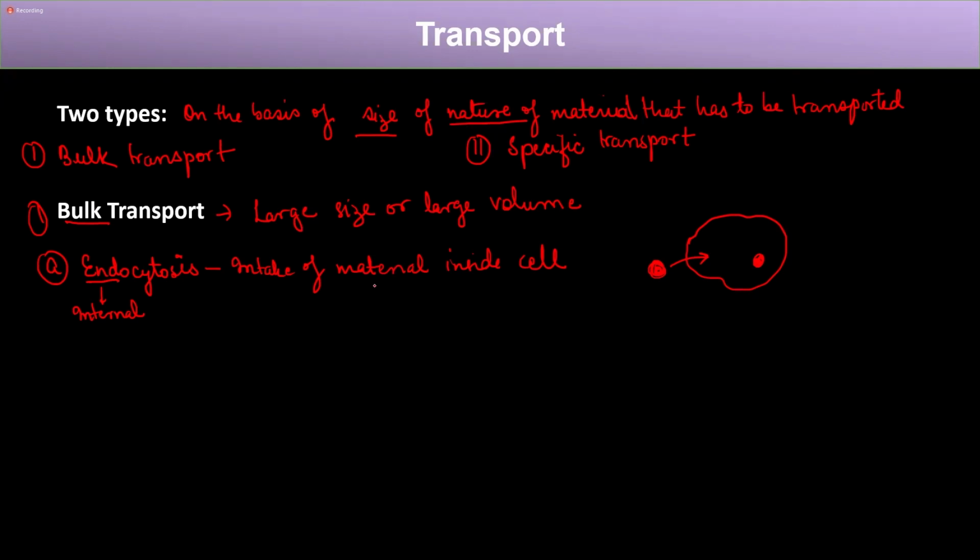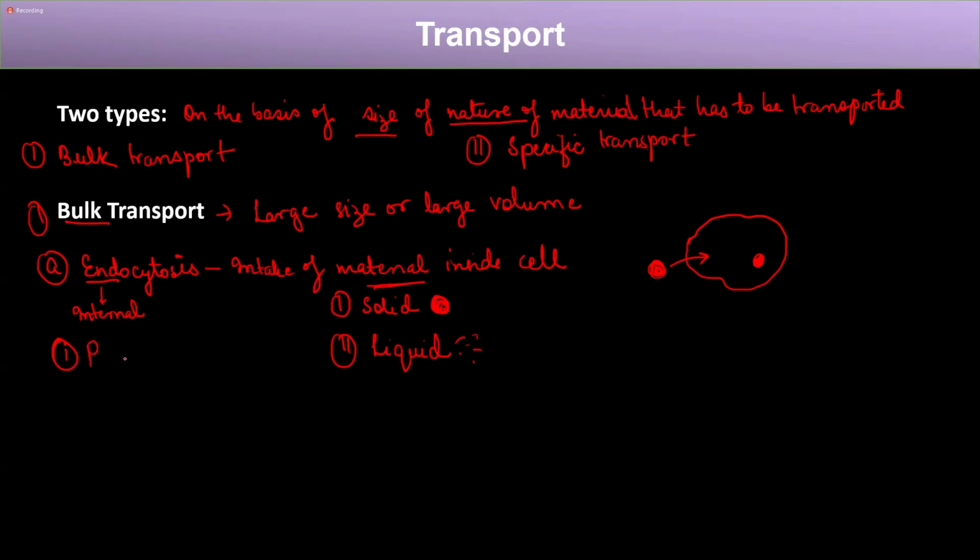Now, this material can be anything. It can be either solid or liquid, in large volume. So on that basis, endocytosis is of two types. The first one is if the material is solid.